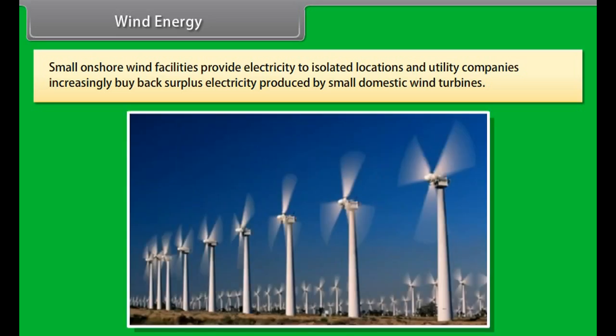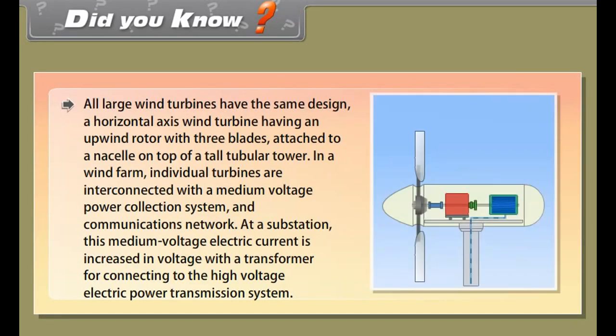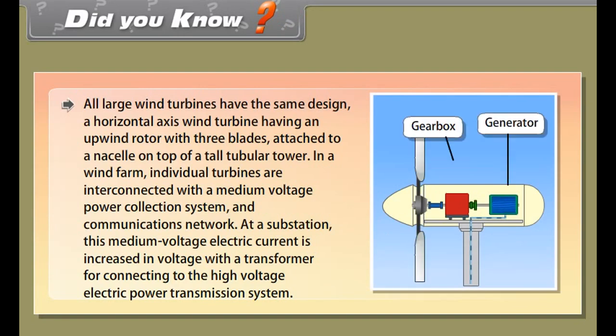Small onshore wind facilities provide electricity to isolated locations, and utility companies increasingly buy back surplus electricity produced by small domestic wind turbines. Did you know? All large wind turbines have the same design, a horizontal axis wind turbine with an upwind rotor with 3 blades attached to a nacelle on top of a tall tubular tower.